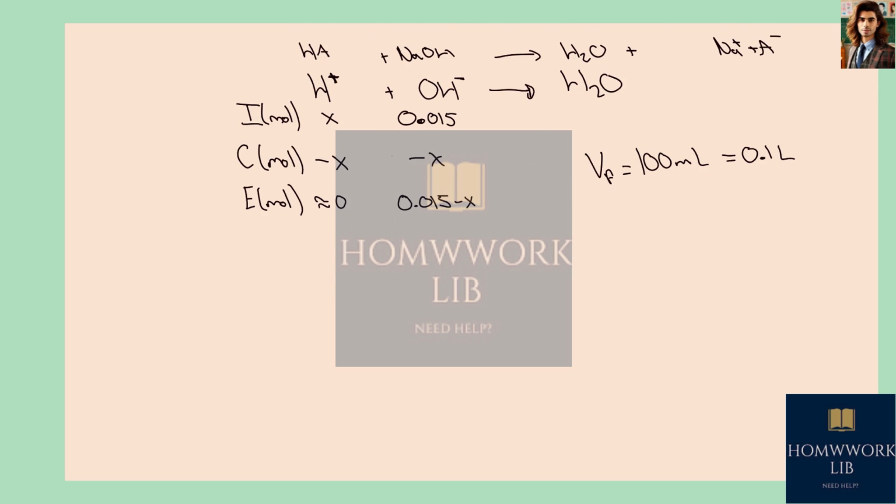So what I know is that the concentration of OH minus is going to be equal to 0.015 minus X divided by 0.1. This is the amount of moles that I have divided by the final volume. And I know that the pH of the solution is equal to 12.7.